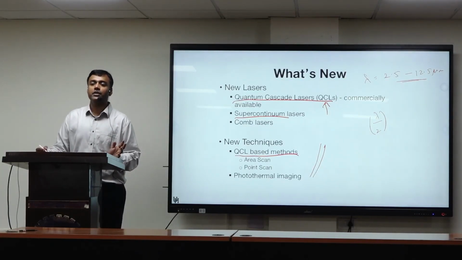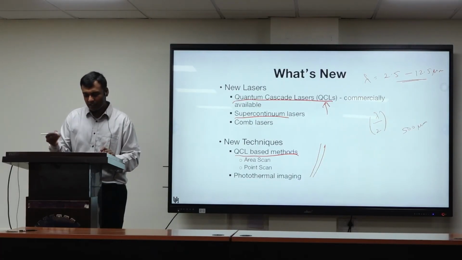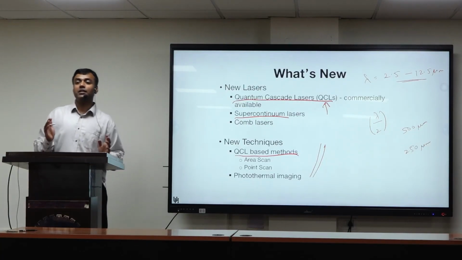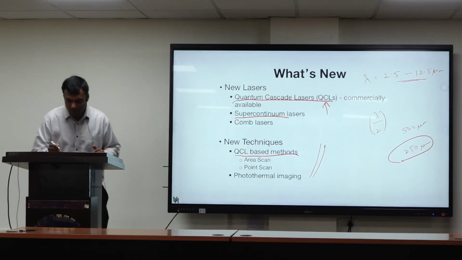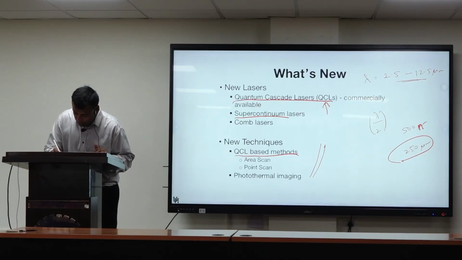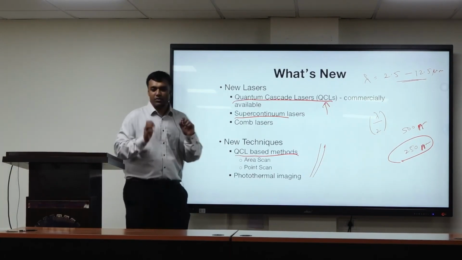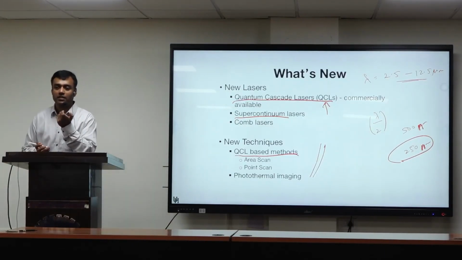So if it's visible light, say 500 nanometers, which is greenish color light, then 500 divided by 2 is 250 nanometers. I apologize, it's 0.25 microns. That's the size of things you can see.